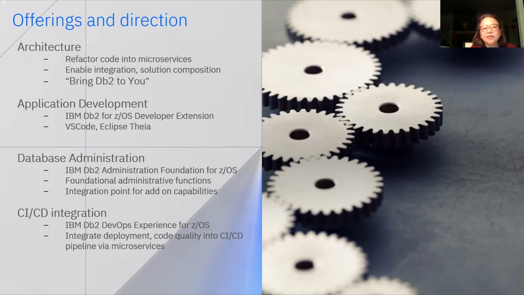We have refactored the code from the Data Studio and DSM capabilities into microservices to enable more flexibility to reuse this technology in various solutions to better support our users and use cases.